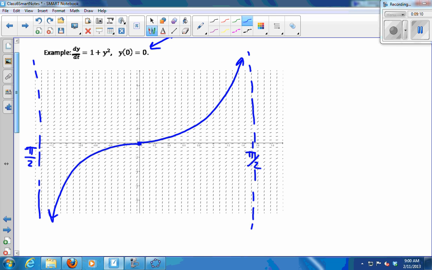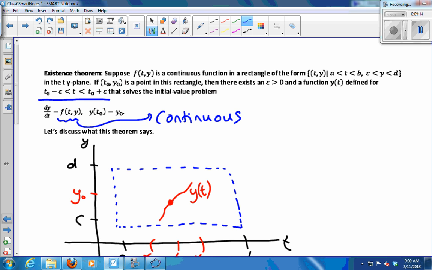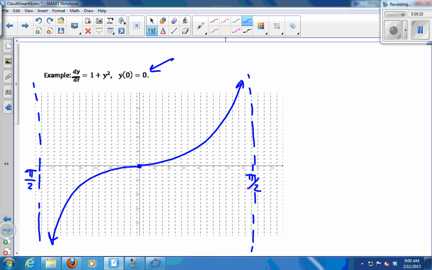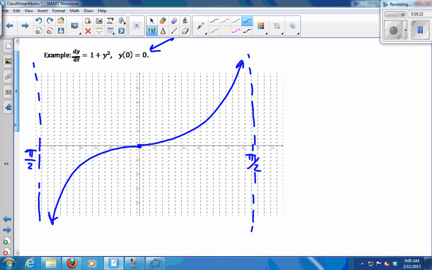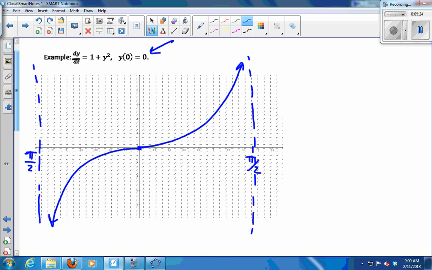So a lot of work went into developing this theorem that allows us to know that it's there before we start trying to find it. I'm never going to really give you problems like find epsilon, but it's good to know that you can look at that and say that's continuous, I can start looking for a solution.